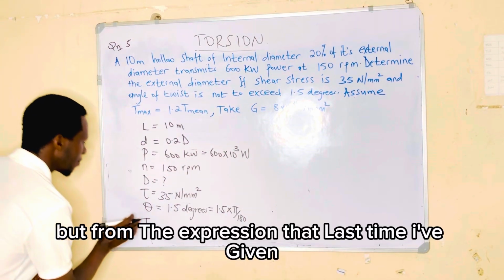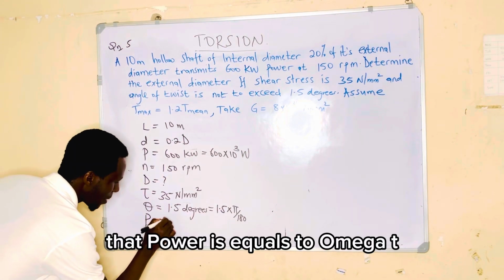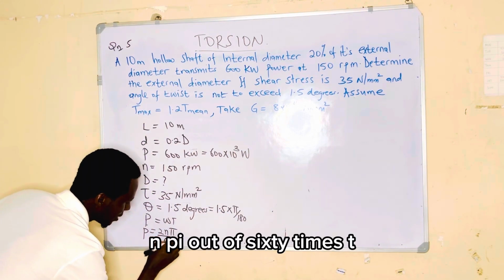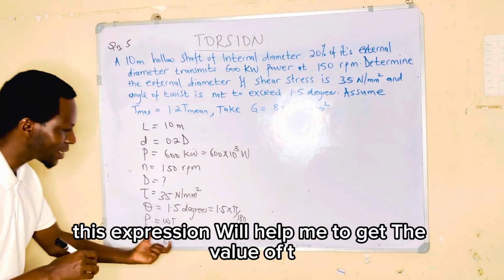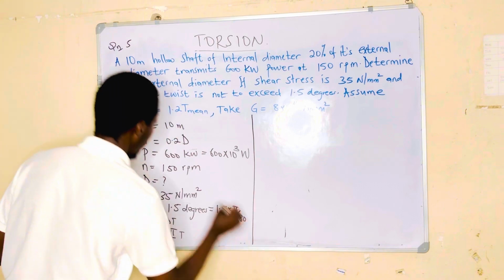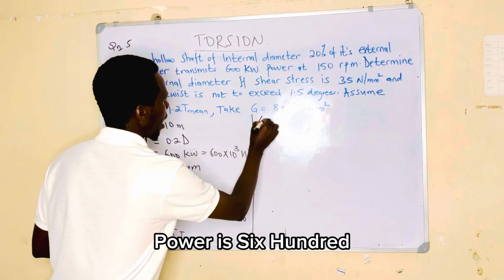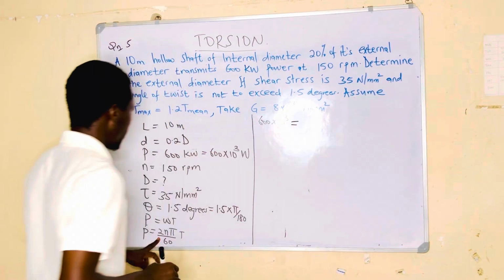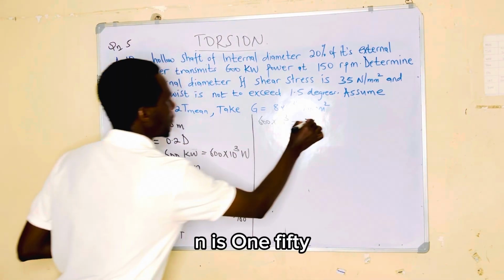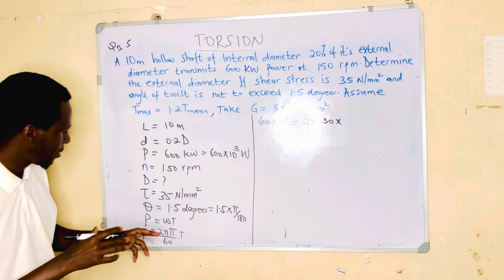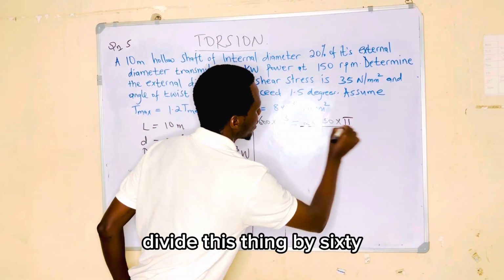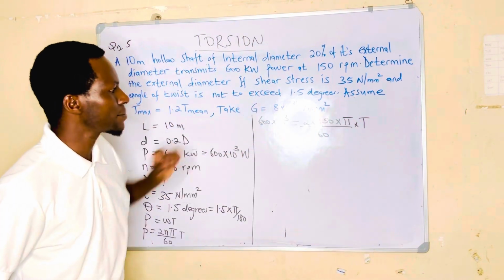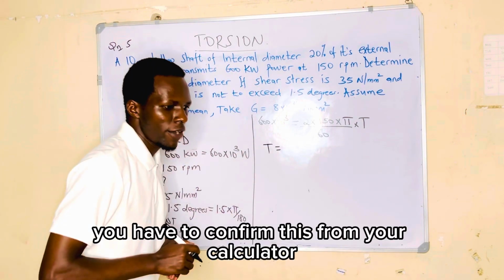From the expression that I gave last time, power is equal to omega T, and power is equal to 2 n pi over 60 times T. This expression will help me to get the value of T. So power is 600 times 10 raised to the power 3 watts, equal to 2 times n, which is 150, times pi, divided by 60, multiplied by T. If you bring all this to this side, you'll get the value of T. You have to confirm this from your calculator.